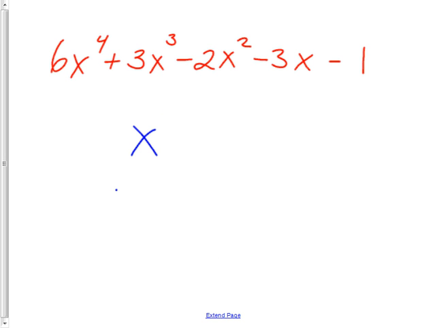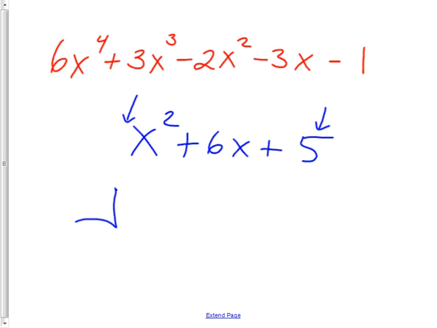x squared plus 6x plus 5. What number could work for synthetic? Well, all you have to do is take the factors of the constant, which is this, and divide it by the factors of the lead coefficient.